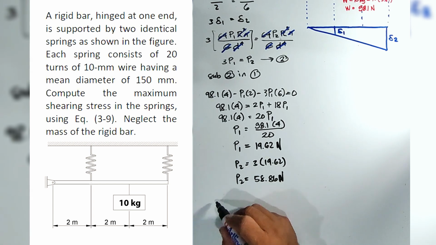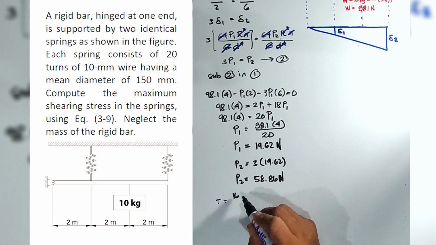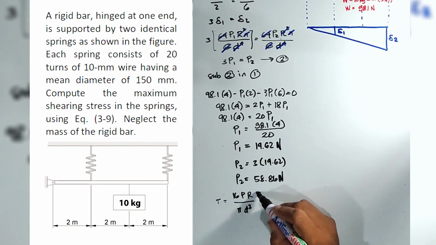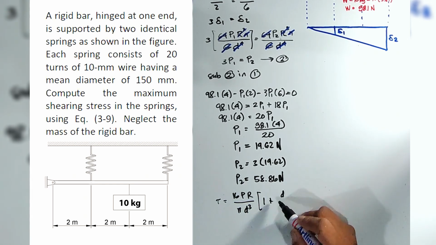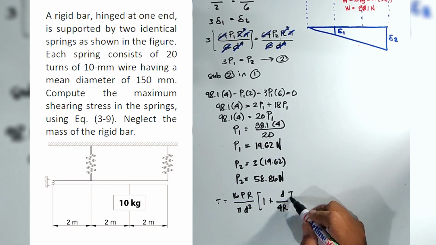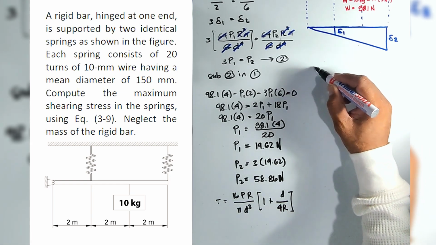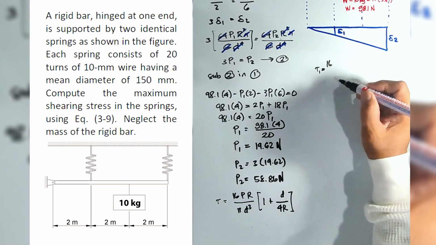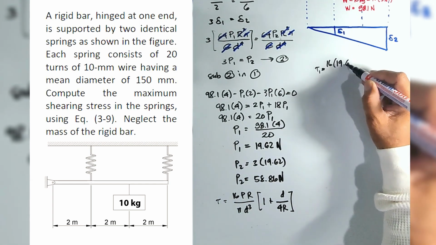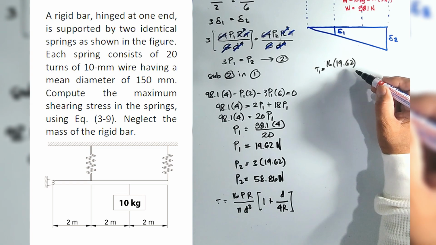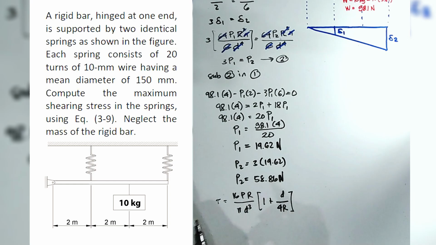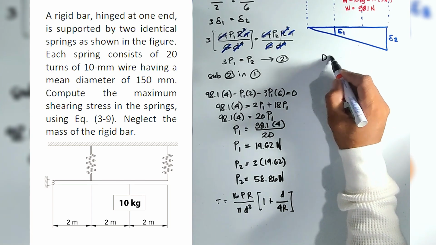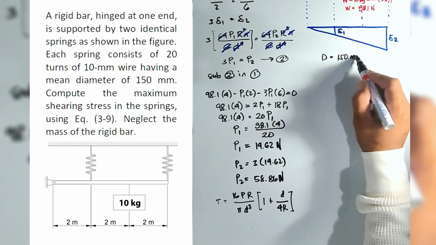Shearing stress using equation 3-9 is 16PR over pi d cubed multiplied by 1 plus d over 4R. So for spring number 1, the shearing stress is 16 times P1, that's 19.62, multiplied by the mean radius. Okay, before you proceed, the given values are, the mean diameter was given to be 150 millimeters.